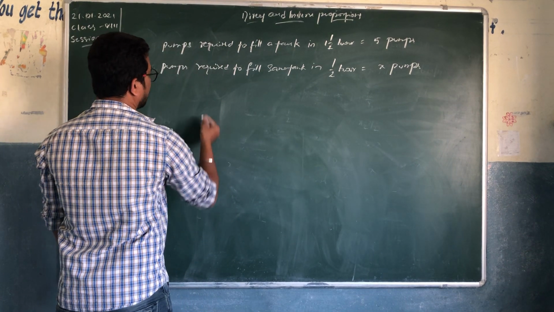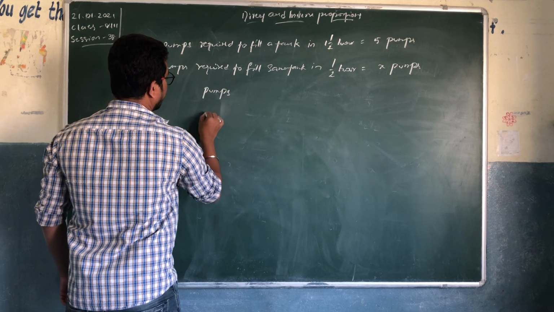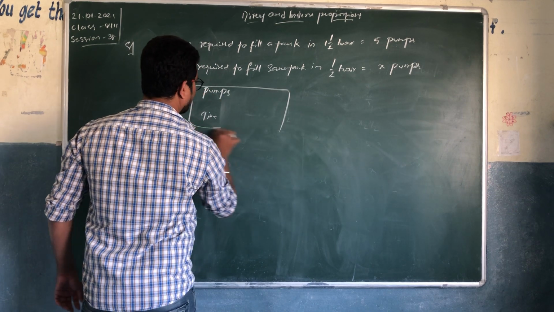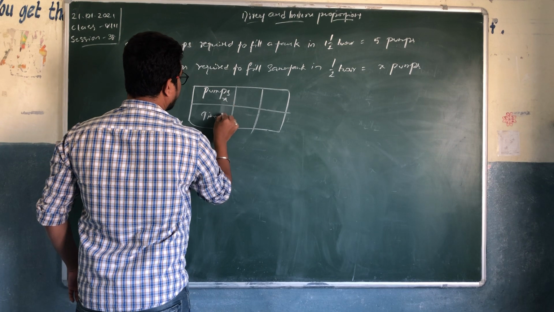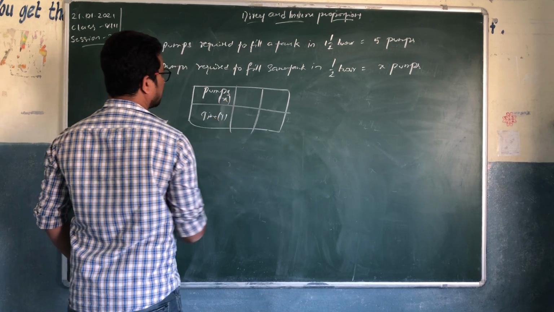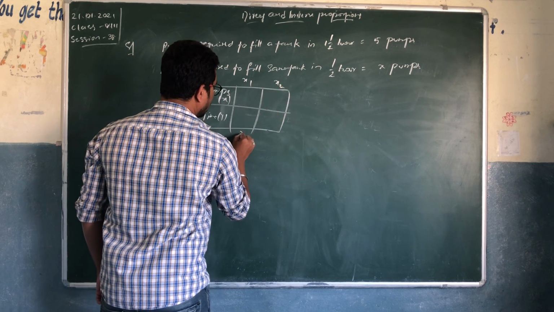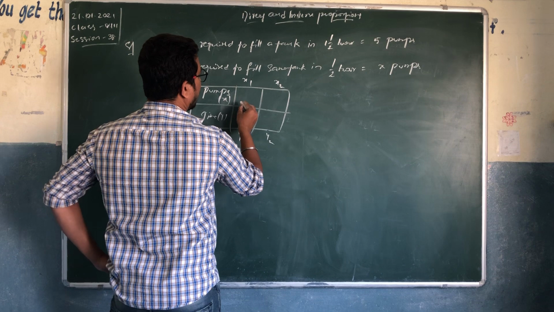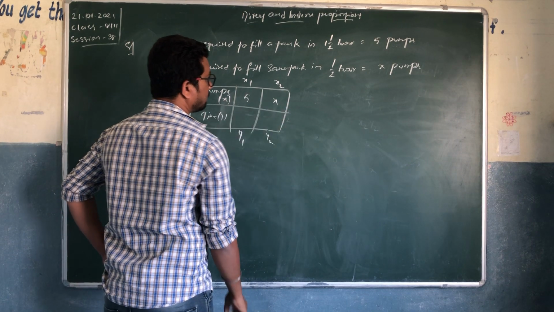Let us write in a tabular form. First I am writing pumps, then I am writing time. This will be X, this will be Y. And this will be X1, this will be X2, this will be Y1, this will be Y2. So how many pumps do we have? First 5 pumps, next X pumps, right?